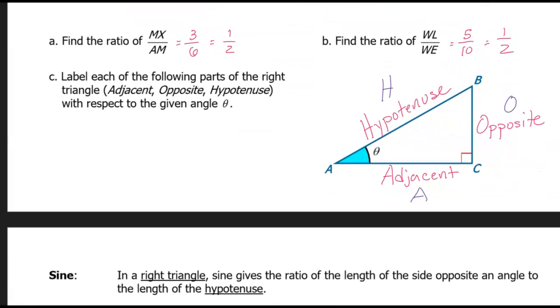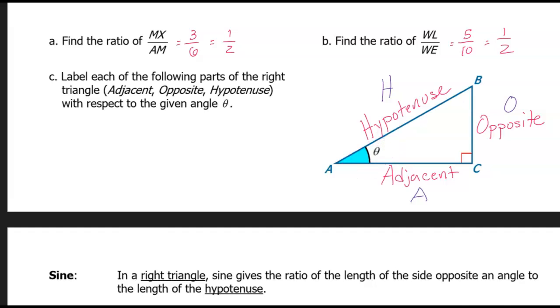Opposite is not touching your angle, but the adjacent side is the side touching your angle. You see that? No, this is our angle. Don't, the right angle is never the angle we're referring to.